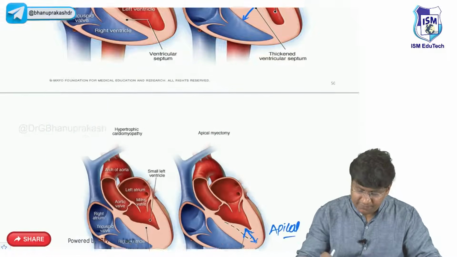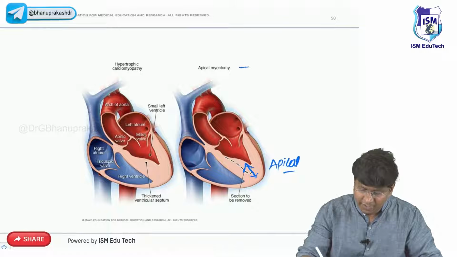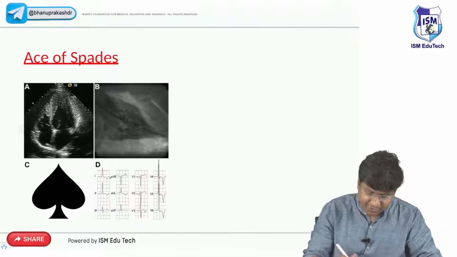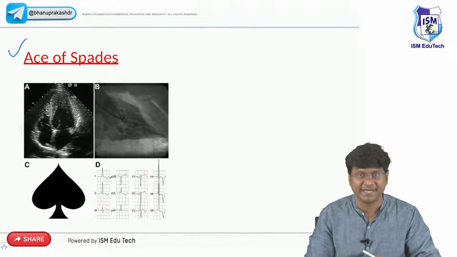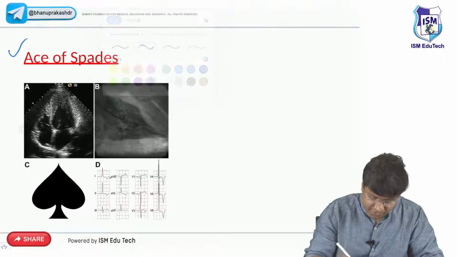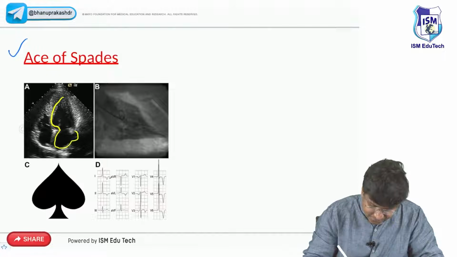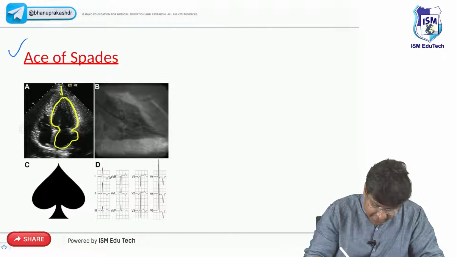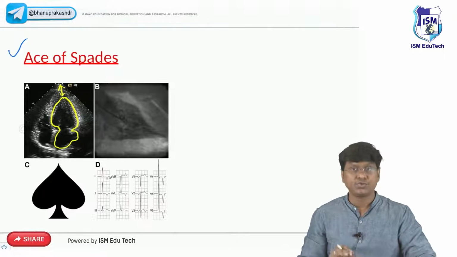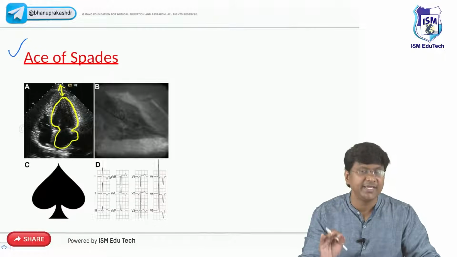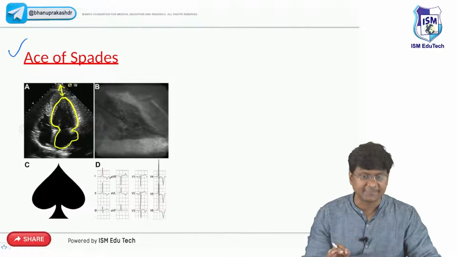Whereas in case of the apical hypertrophy, the shape of your LV will be the ace of spades, right? It will be similar to that of ace of spades. So you can see that here. So this is your hypertrophy: ace of spades in apical hypertrophy, banana-shaped LV in case of septal hypertrophy.